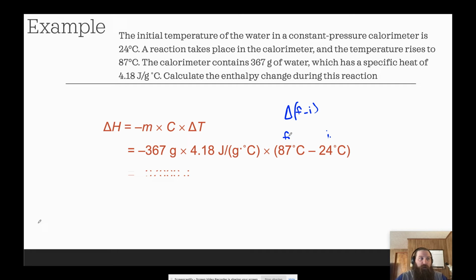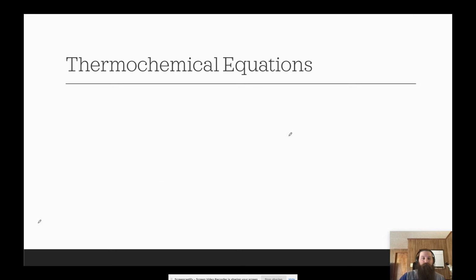So that is going to give me negative 97 kilojoules. So there we go. It's a negative, so this is exothermic. All right, and that makes sense. The energy given off by the reaction was absorbed by the water. The temperature of the water went up. So the energy given off by the reaction tells us that's an exothermic reaction.